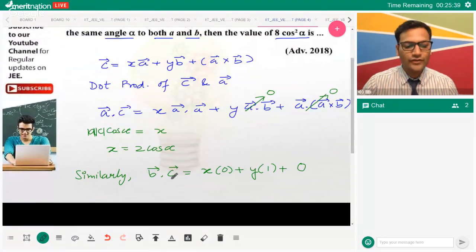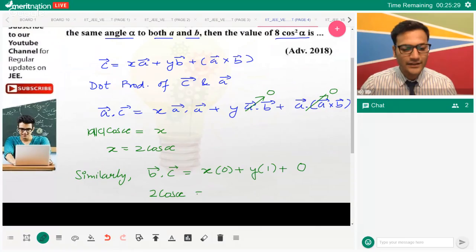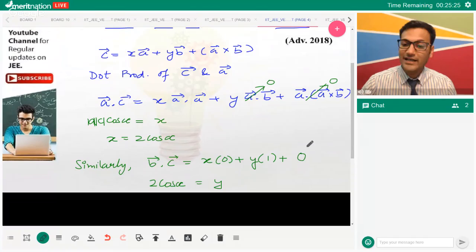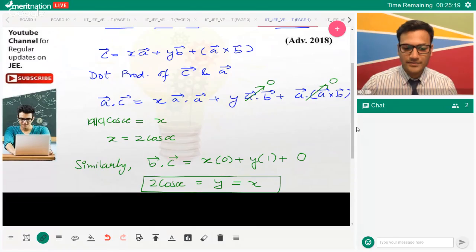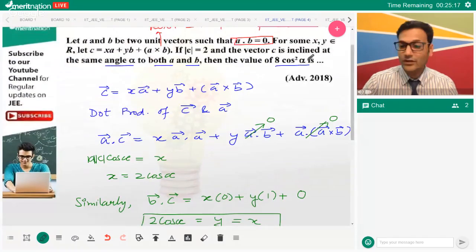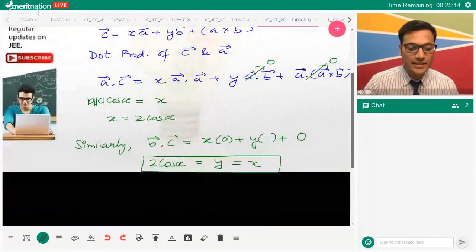So therefore we can also say that 2 cos alpha is what we're going to get, because B is a unit vector with magnitude 1, C has magnitude 2, and the angle between them is alpha. So this turns out to be y. So x is 2 cos alpha, y is 2 cos alpha. That implies x and y are equal and equal to 2 cos alpha, which is simple stuff. However, we don't have to find out what 2 cos alpha is. We need to find out what 8 cos square alpha is, and that must be a number.